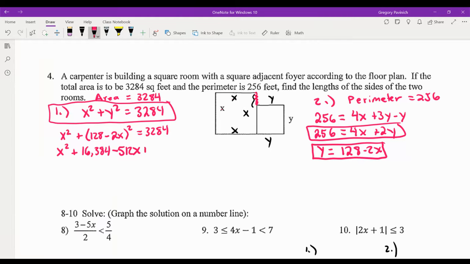And then I have plus 4x squared, and that's going to equal 3284. Okay. So the next thing I'm going to do is combine my like terms. So I have 5x squared minus 512x plus 13,100. Moving this over.